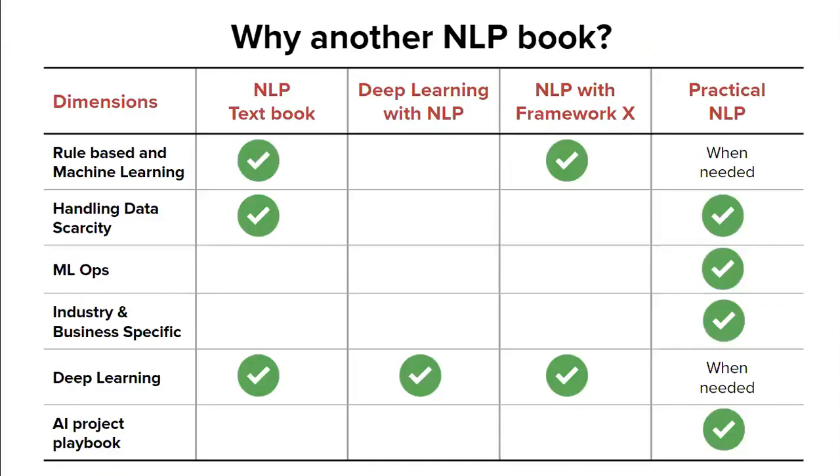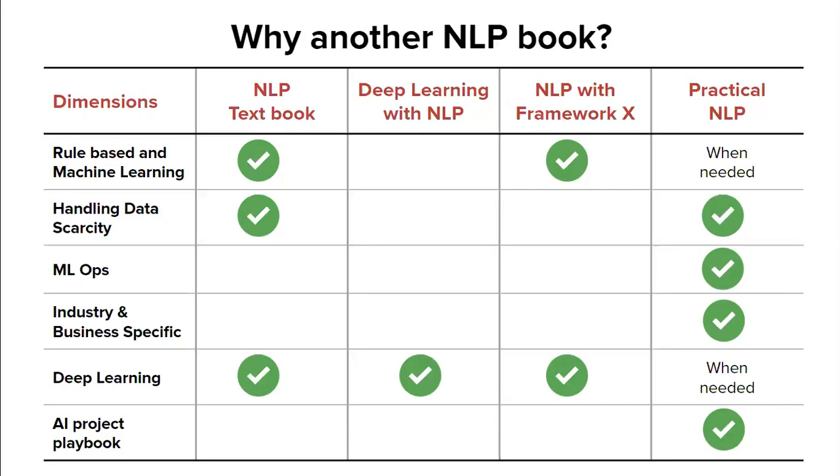So you may ask, why another NLP book? We try to summarize the answer to this question in the form of this table by grouping available NLP books into three categories: standard NLP textbook, books talking about using deep learning with NLP, and books talking about using NLP with some kind of framework, some framework X. And the last column shows, of course, our book.